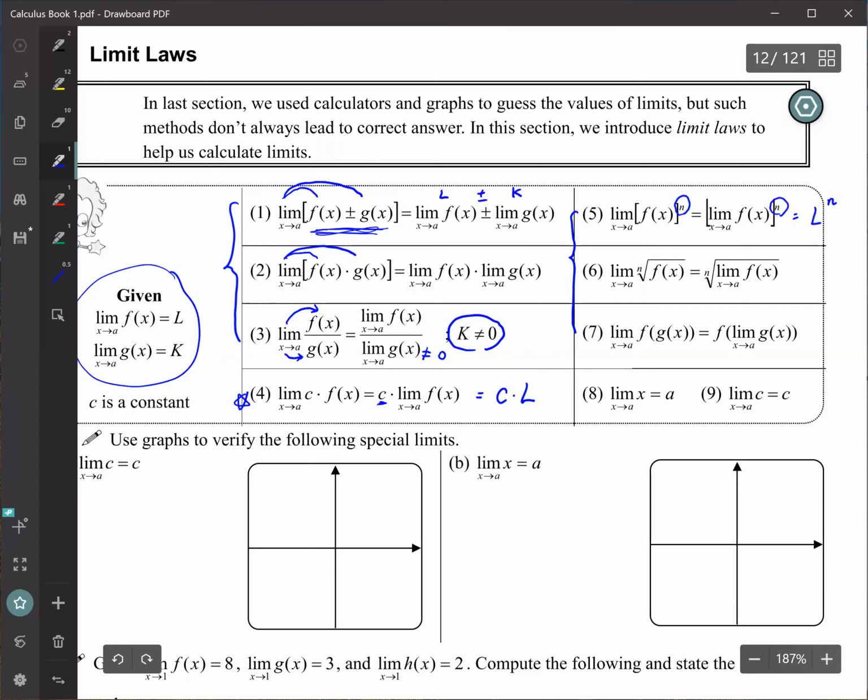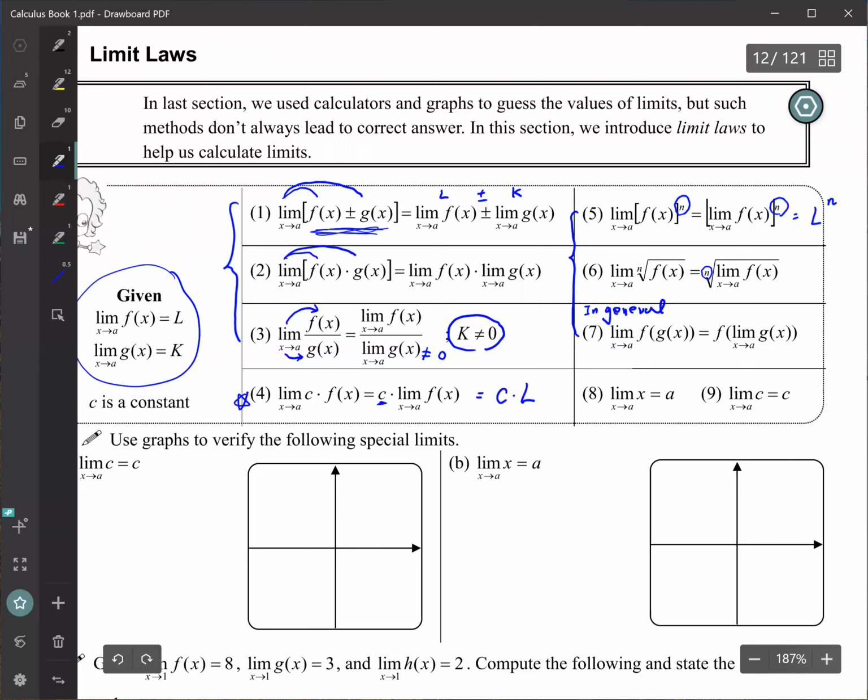It's telling you that you can do the limit of the inside first, the limit of f, find that first and then take the exponent. Same with number 6: you take the limit of the inside and then do the nth root later. And number 7 is more general, so you can write that down.